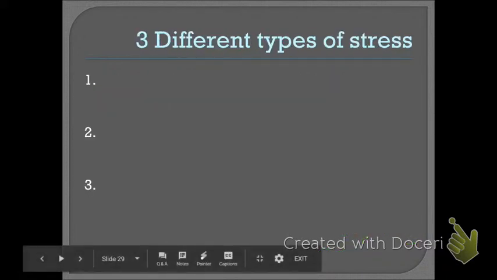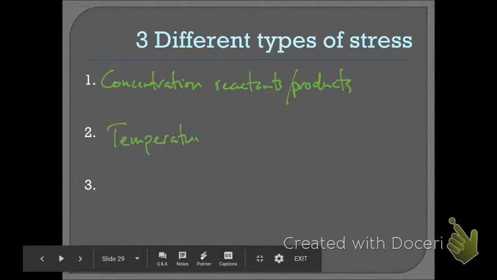So there are three types of stress. The first is concentration. You can change the concentration of the reactants or products. You can change the temperature, and then you can change the volume, and when you change the volume, that changes pressure.